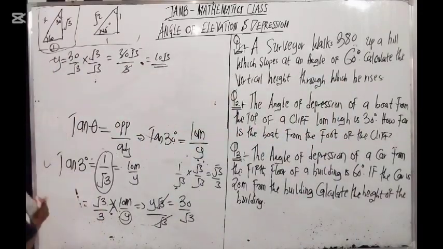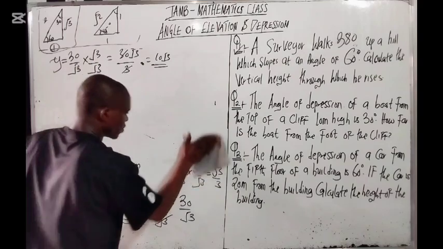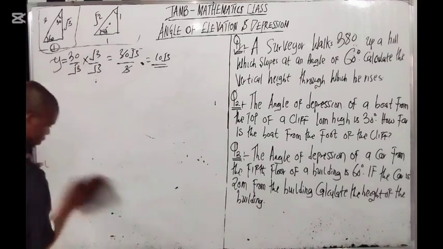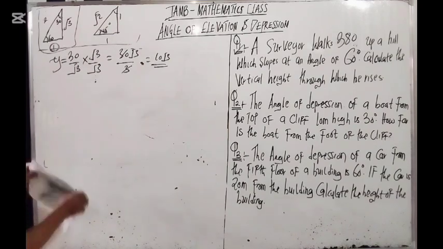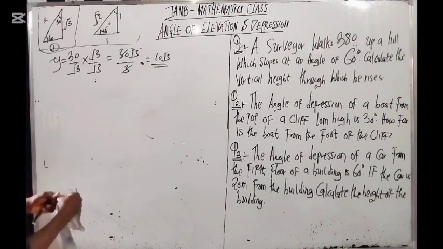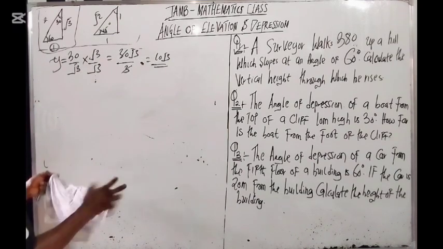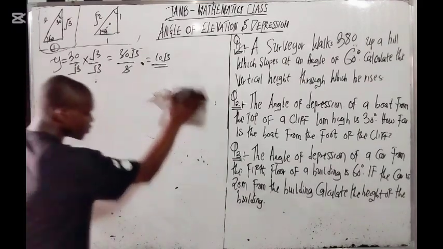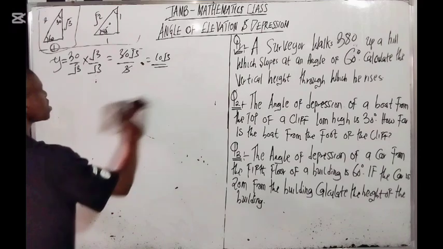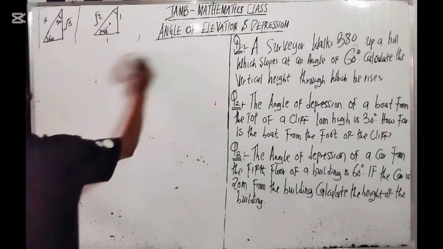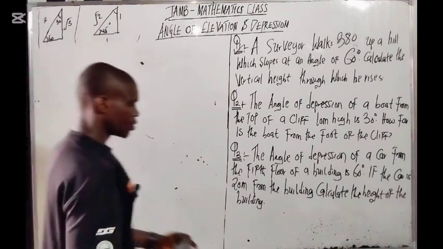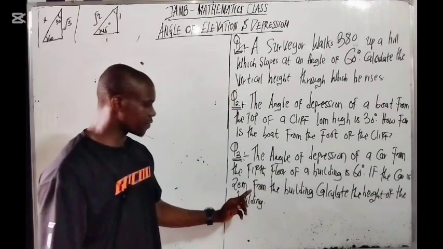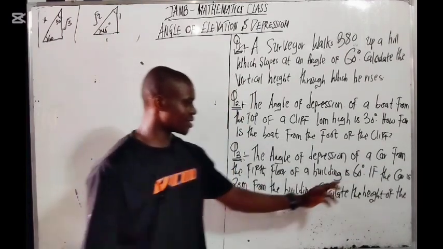Look at our question 3. It says that the angle of depression of a car from the 5th floor of a building is 60 degrees.